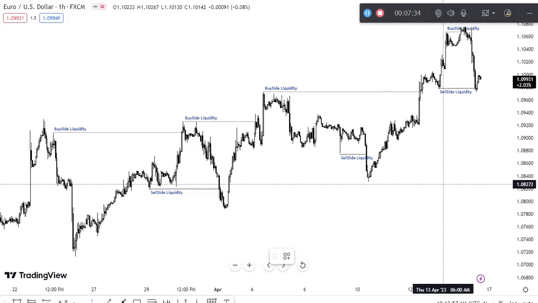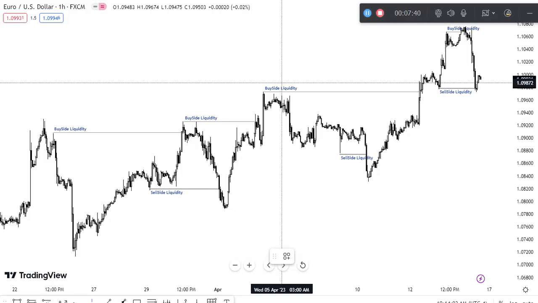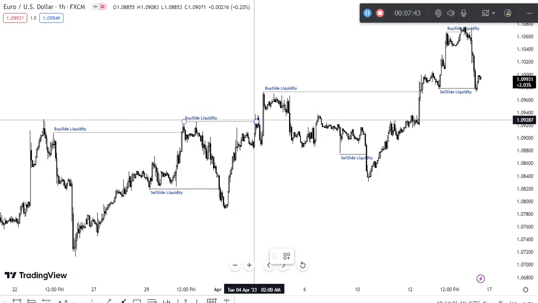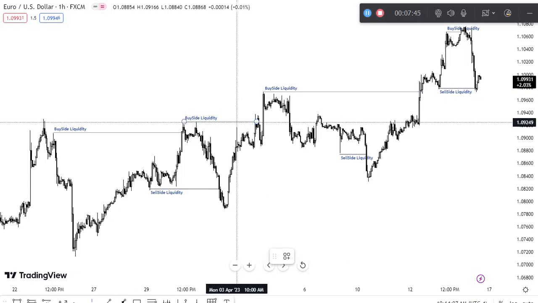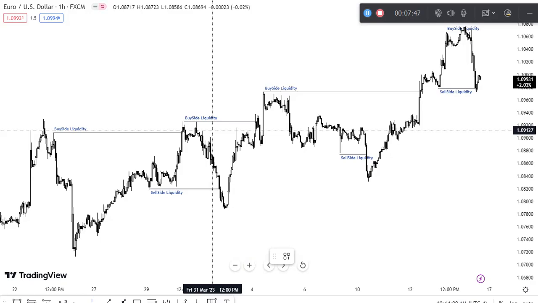And like the major keys which we use to identify whether price is going to reverse, there are a few more fundamental things that happen on the lower time frame which we use to identify where price is going, or if price is potentially going to provide us with a reversal or continuation.